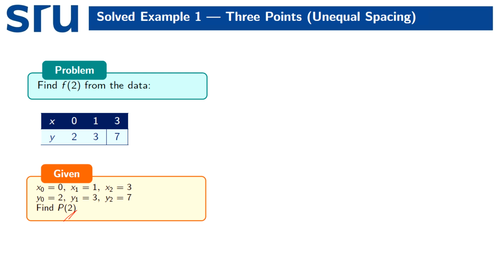So let us examine it. Here x0 is 0, x1 is 1, x2 is 3, y0 is 2, y1 is 3, y2 is 7. Since we have 3 data points, we will use Lagrange's interpolation for 3 points.